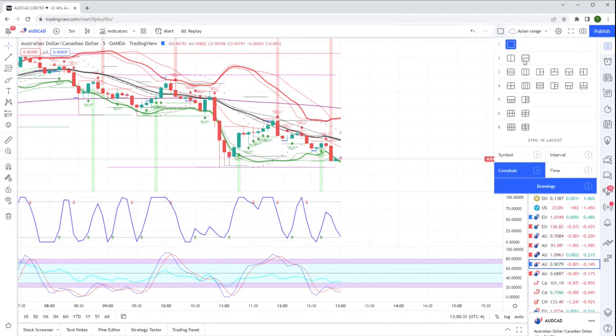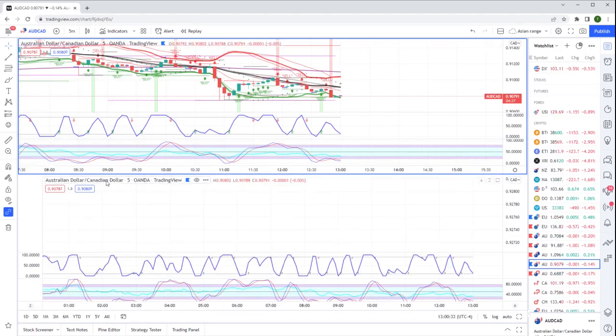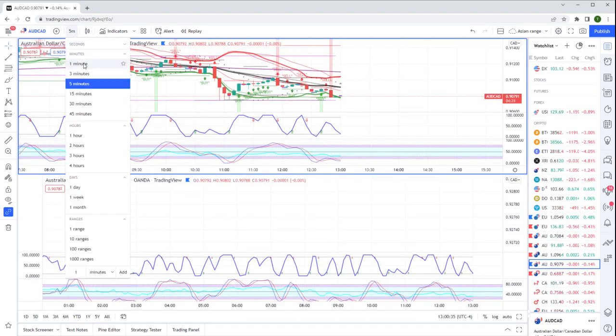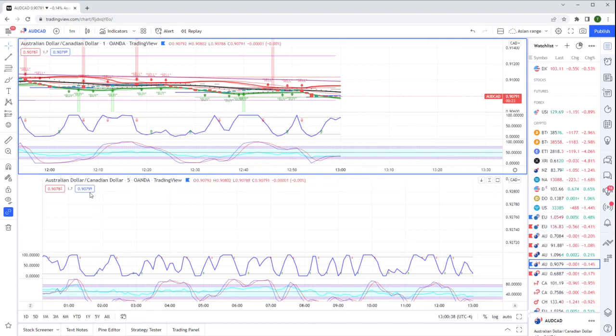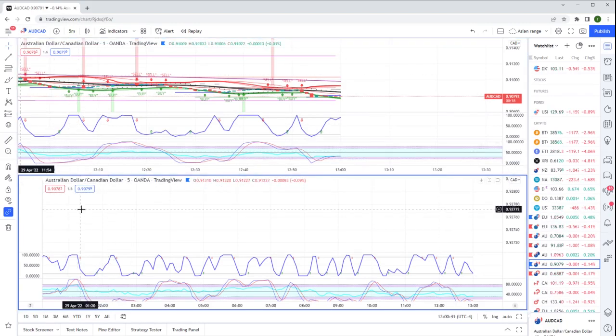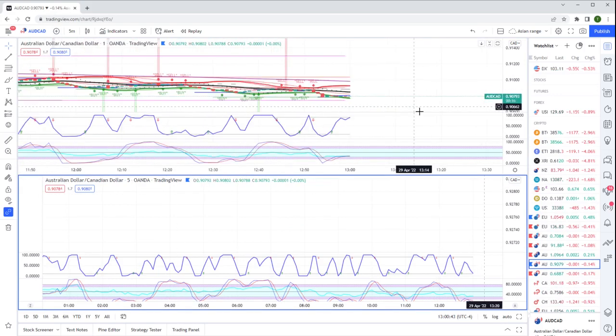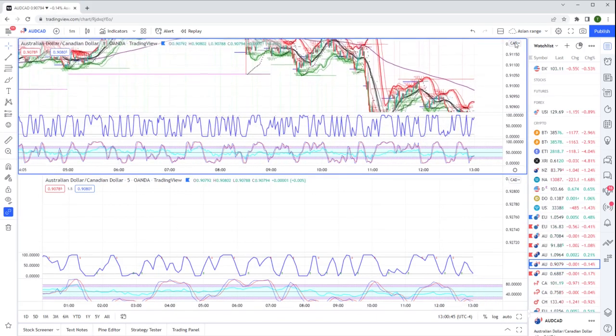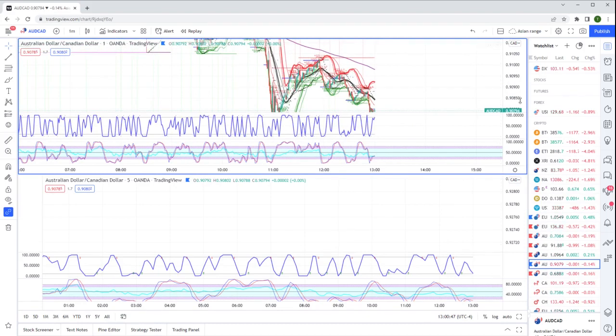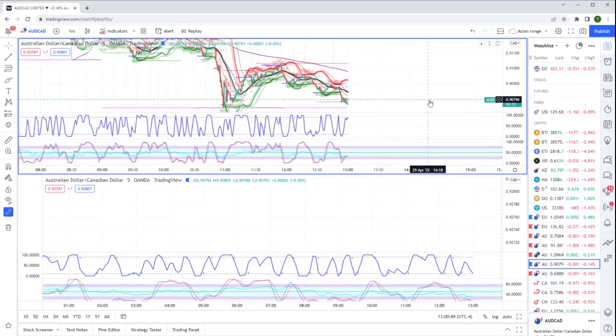So like I said, I like to have 2 windows open of the same chart. We'll make the top one the 1 minute, and the bottom one is the 5 minute. So we got the same pair up, 5 minute and 1 minute, and I'll explain why I do that shortly.